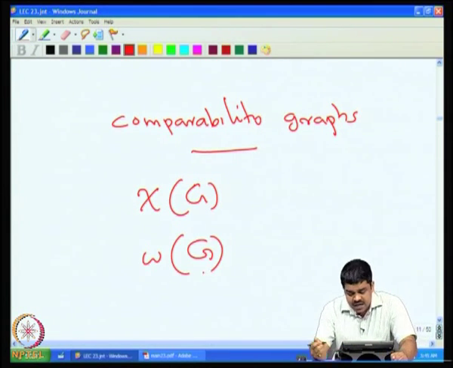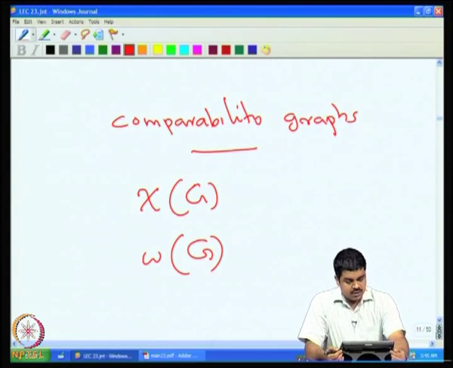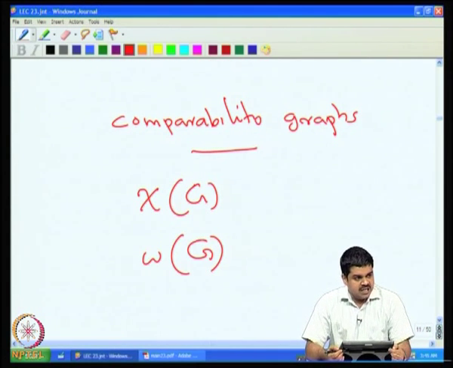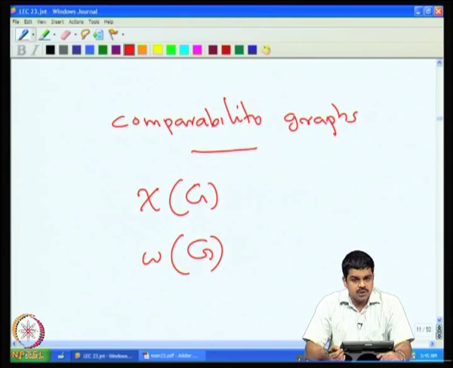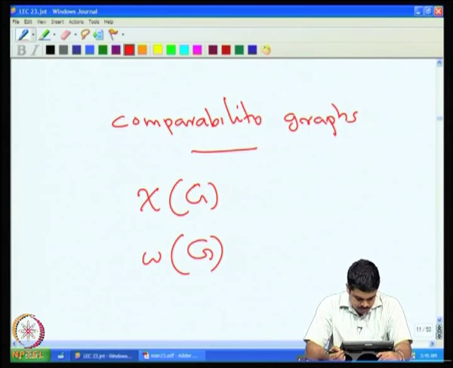As we can see, omega of G is the biggest clique number, the biggest clique size.